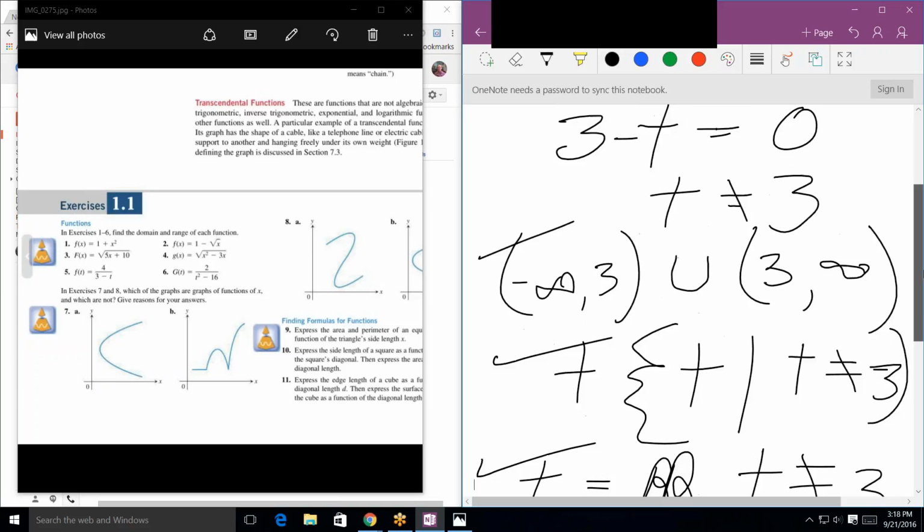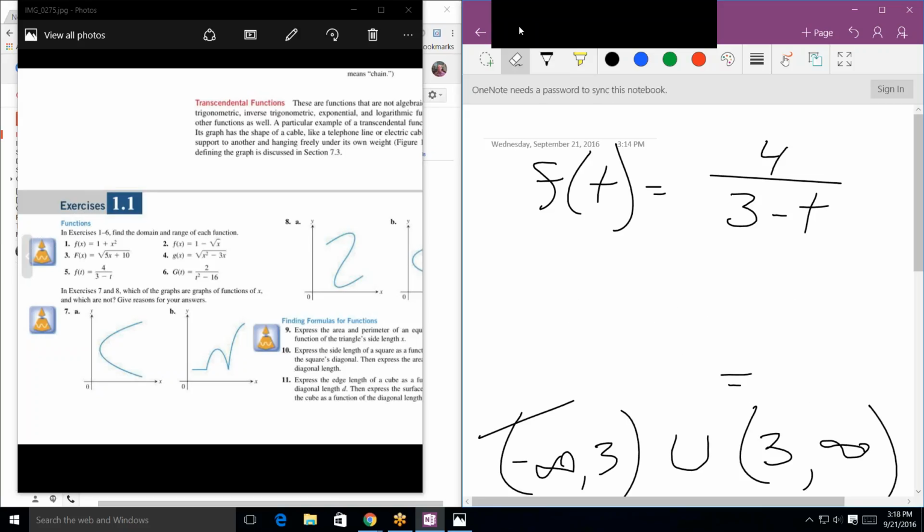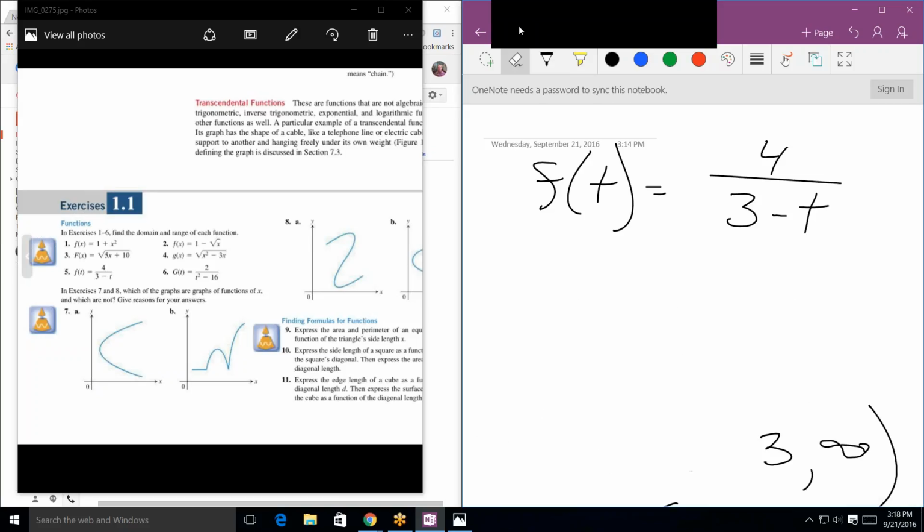Okay? Now, let's consider range. What can f of t be, and what can it not be? And let me give you a clue that you always want to start with what it can't be first. It's because usually it can be most anything.